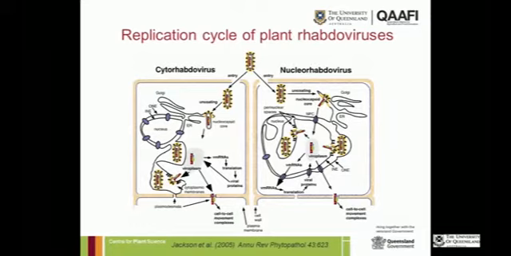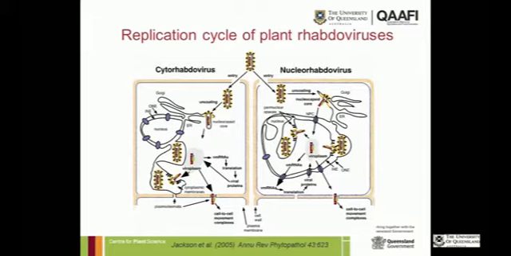For nuclear rhabdoviruses, here on the right-hand side, you see a similar picture after entry into the cell, association with membranes, but then the genome and proteins have to be imported through the nuclear pore complex into the nucleus of the cell, where this viroplasm is established.